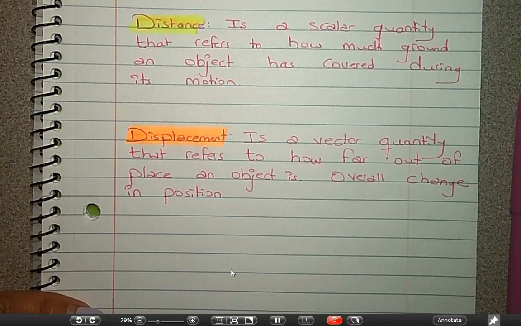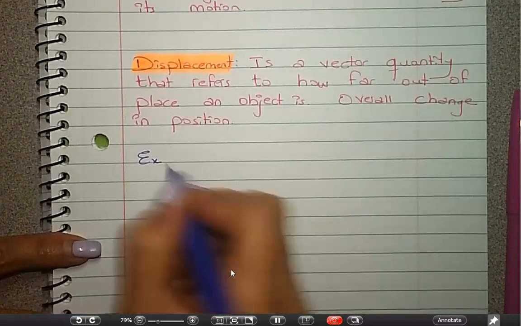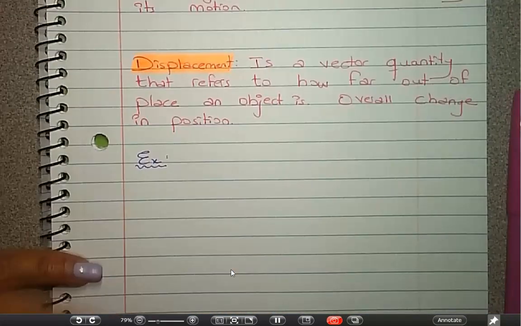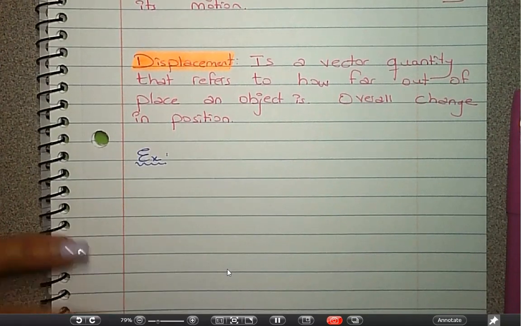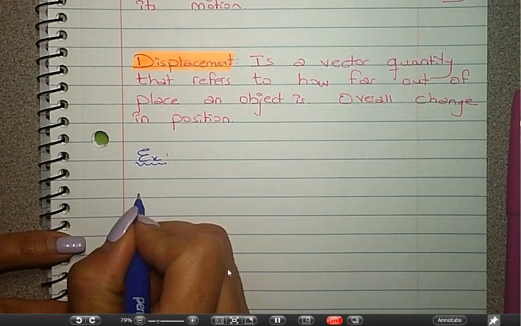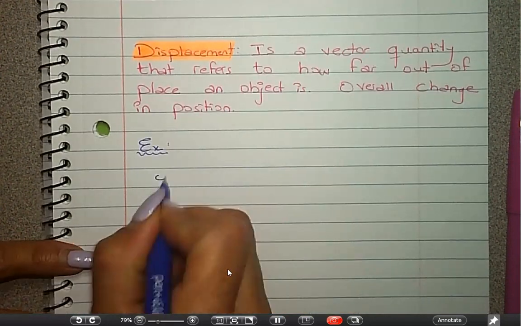All right. So let's have an example. When time was 0, I'm not good at drawing, but I'm going to do my best.